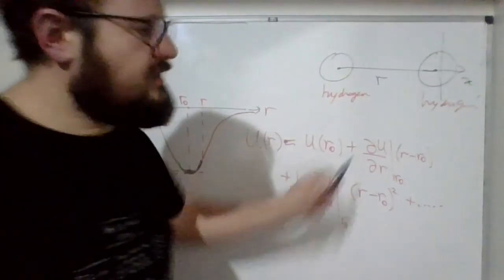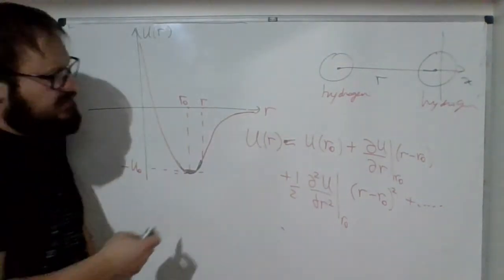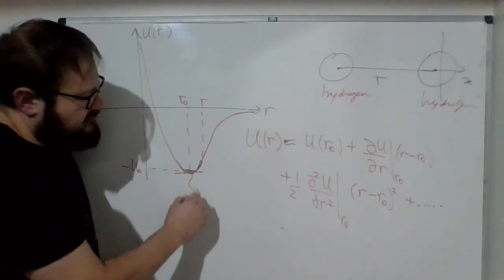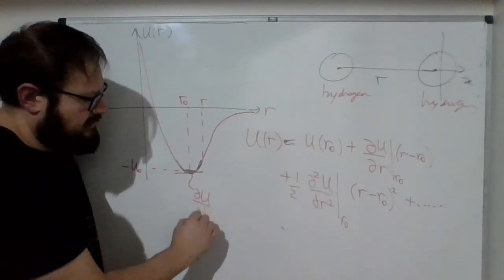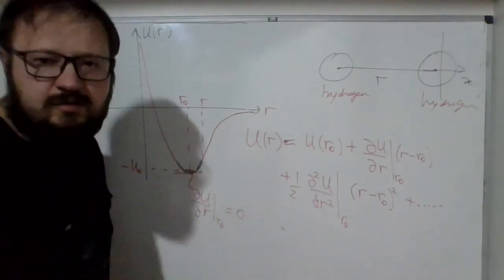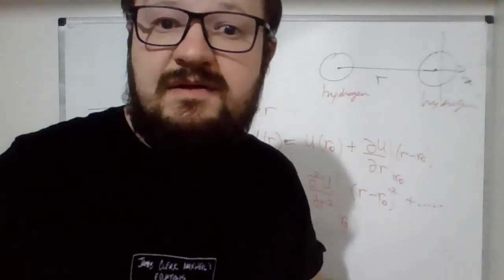Why first order doesn't matter? Just because of a simple fact. The derivative of the potential exactly at the minimum is equal to zero because it's a minimum. So the first order derivative is zero.